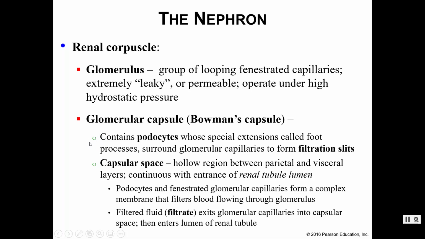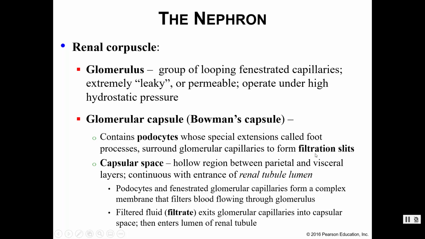These Bowman's capsules, all right, they are also going to contain podocytes. These are special cells that have little extensions. They're called foot processes, all right? Podo basically means foot. These podocytes basically kind of surround the glomeruli, kind of wrap around them, and they form what are known as filtration slits.